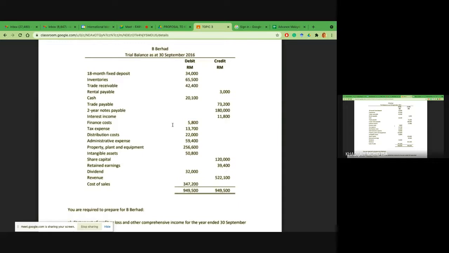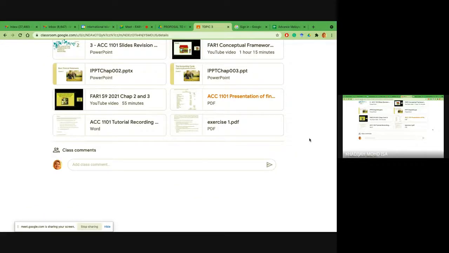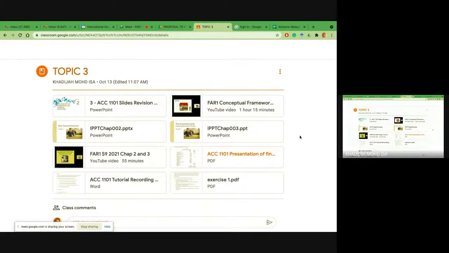Please do a lot of exercises here, especially for those without the basics, for those who are not clear about this transaction. All right, do a lot of exercises, because if you can do this well, inshallah, your financial accounting basics are strong, right? Then you can move forward to more challenging topics. But for you to do that, this is the basic of accounting.